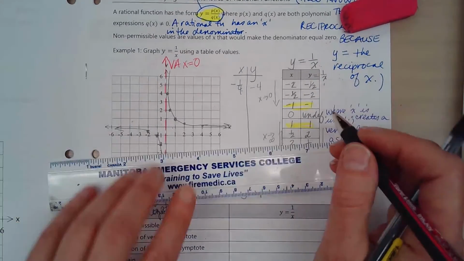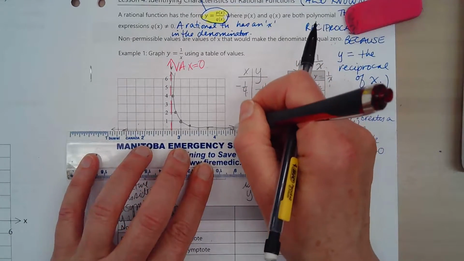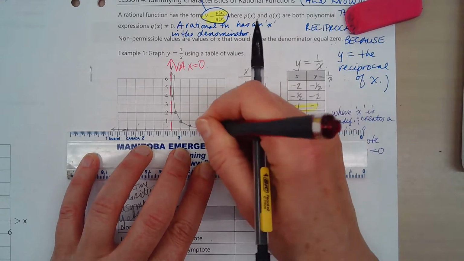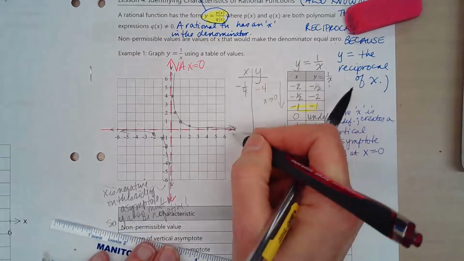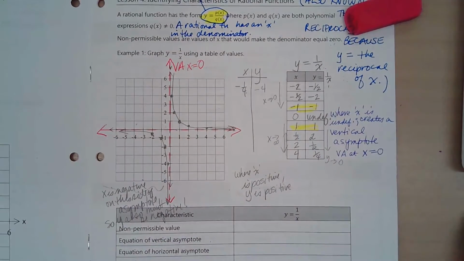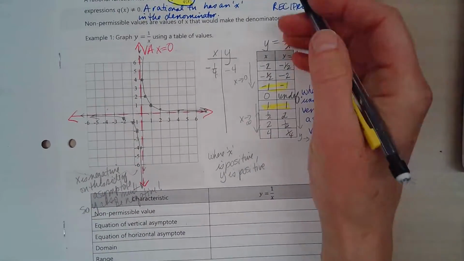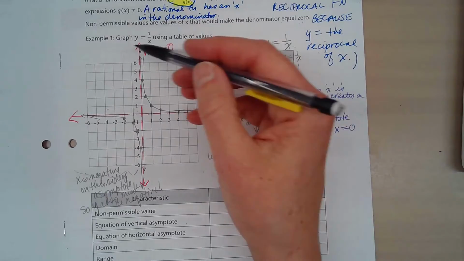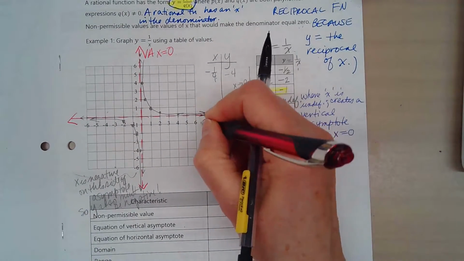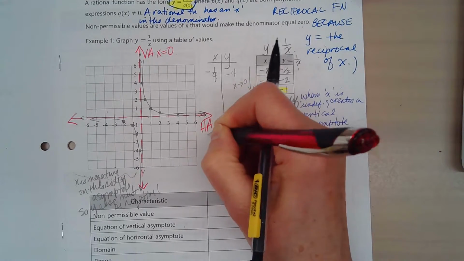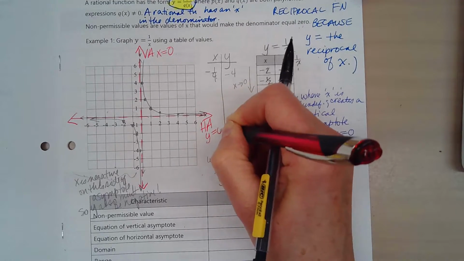Wouldn't you say that this is also an asymptote? If I told you an asymptote is a value that the graph tries to reach but never ever does? Because y can never equal 0, right? So I'm also going to put this in. My horizontal asymptote occurs also at y equals 0.